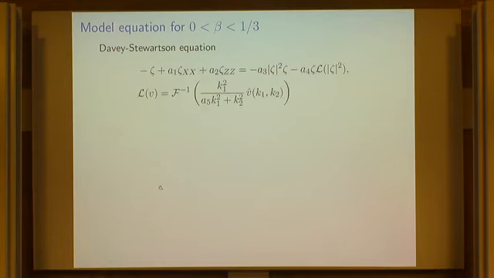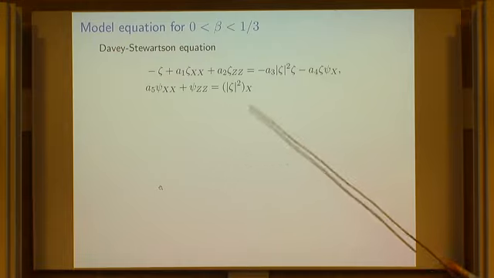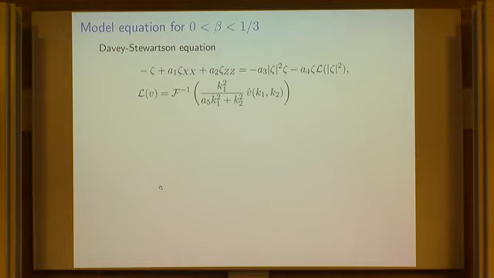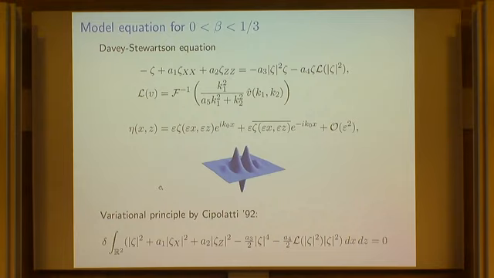You can also write it as a single equation. The price that you pay is that it's no longer local, it's no longer a PDE. You have this non-local operator which appears here, which just comes from solving this equation. Now, the corresponding solutions will look something like this.